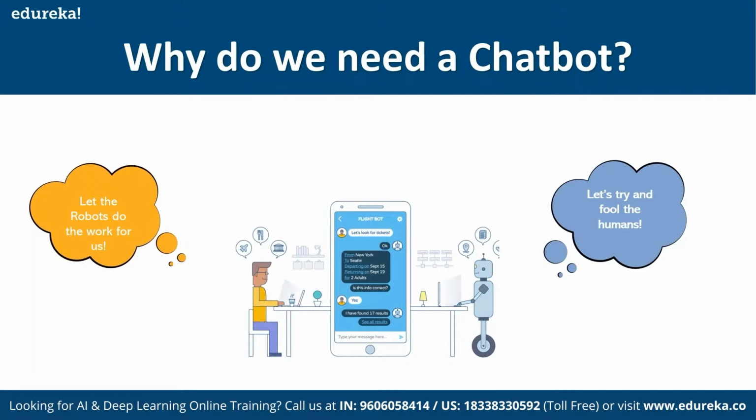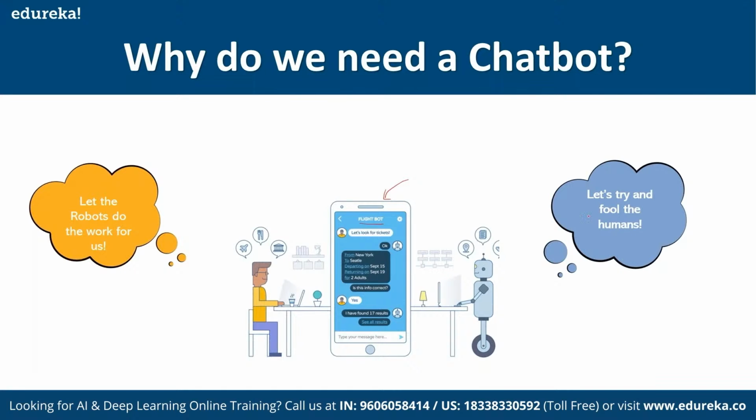For example, for a flight booking app, a flight bot, you want to book certain tickets. Instead of a human taking that job, a machine will understand what you are trying to book and will book the tickets accordingly for you.